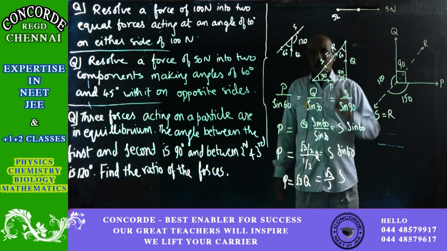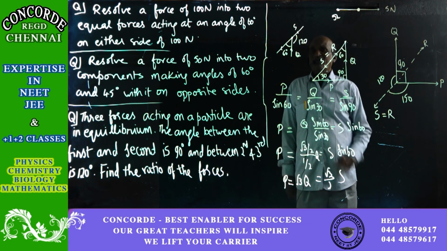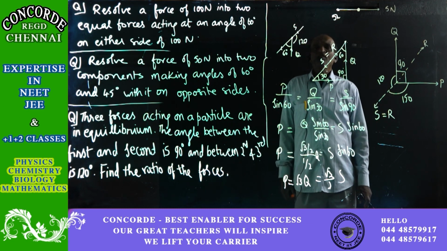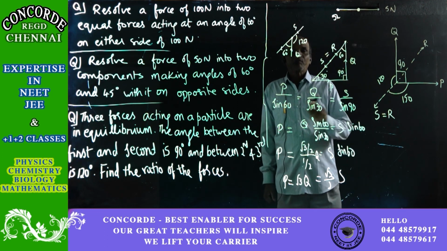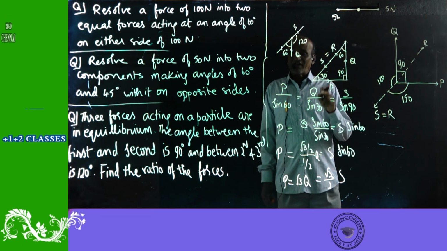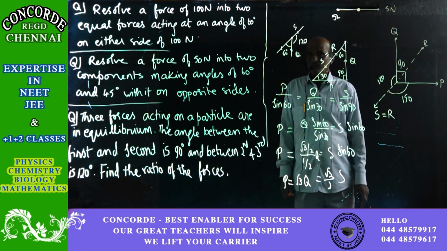The proof is this one. By applying Lami's theorem, how we get these angles, all that has been already explained. So show the angle in that manner, and afterwards applying the sine rule, which I say it again is also called Lami's theorem. The final result is this.